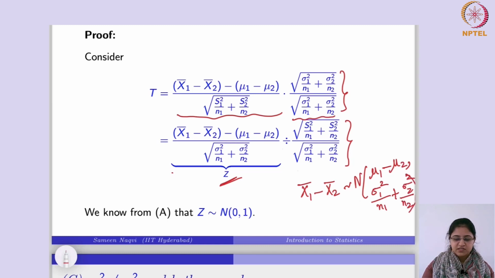And when you standardize it, this would basically be the same thing, that is Z over here. Right? This minus mu1 minus mu2 and divided by square root. Okay? So this is your standard normal variate.